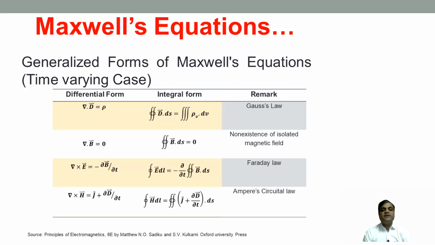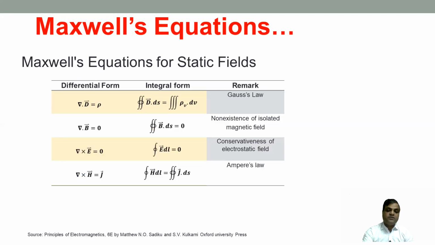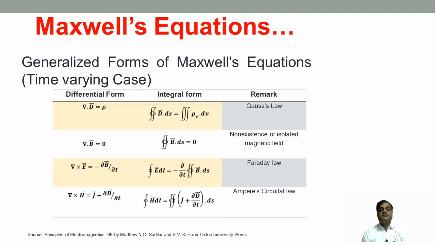For the time varying cases, two Maxwell equations are modified. One is the third Maxwell equation, derived from Faraday's law, represented by del cross E is equal to minus del B upon del t. In the static case, del cross E is equal to 0 because of the conservative nature of the electrostatic field. But in the time varying case, del cross E is equal to minus del B upon del t, which is Faraday's law.